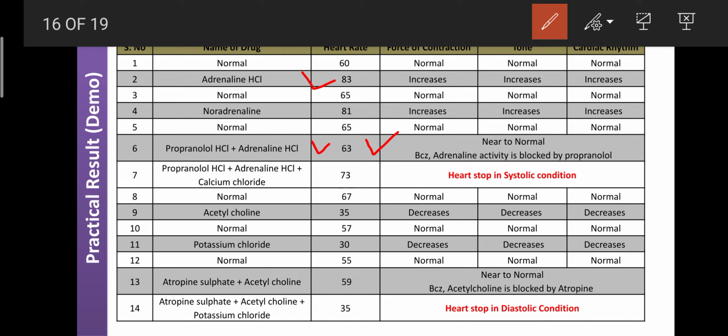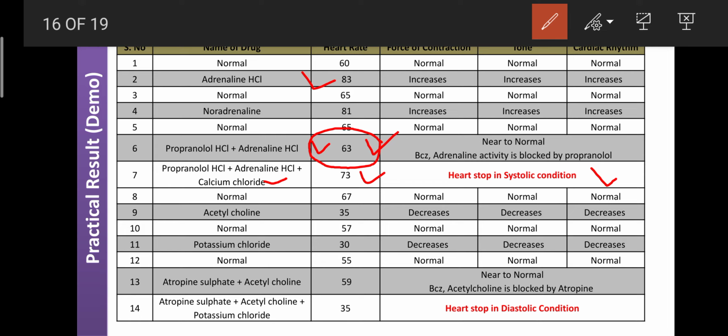So the adrenaline activity was blocked by propranolol, which can be confirmed by immediate administration of calcium chloride, where the heart rate increases to 73 and the heart stops in the systolic or contraction condition. So this can confirm that the activity of adrenaline was blocked only by propranolol, and that propranolol is an antagonist of adrenaline, or a cardiac depressant.